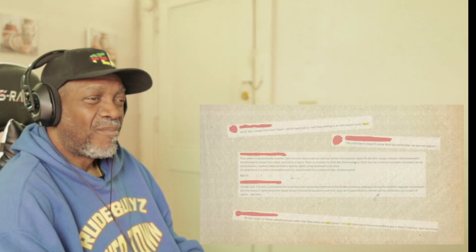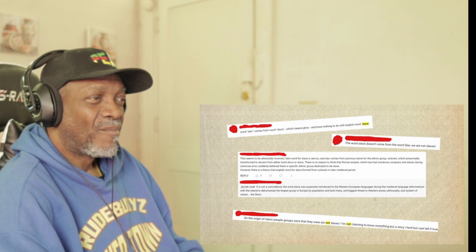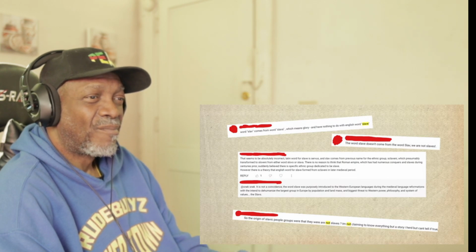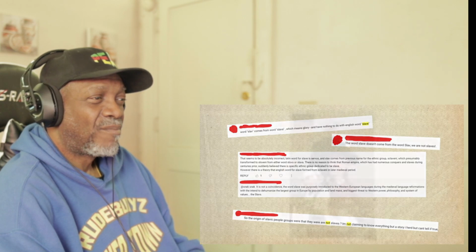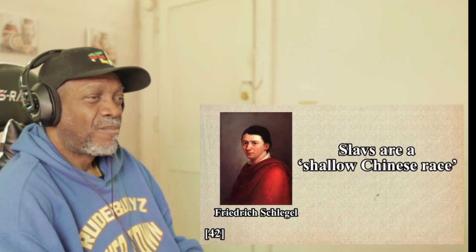With all that said, some Slavs today often react negatively to the idea that the word slave comes from the word Slav, and sometimes even try to deny it. This response is not unfounded, as anti-Slavic sentiments had been very strong in Western Europe for centuries. German scholar Friedrich Schlegel in 1808 described the Slavs as a shallow Chinese race.